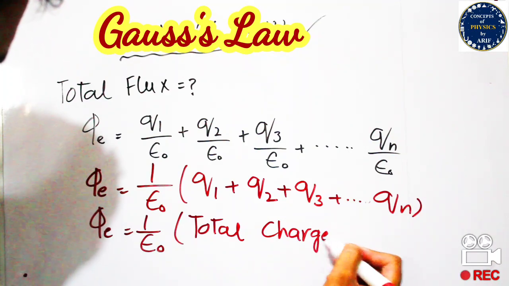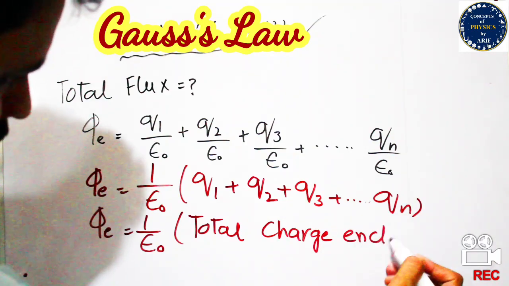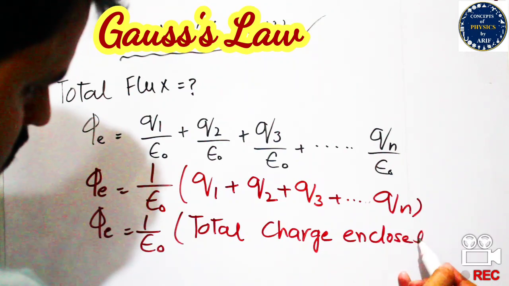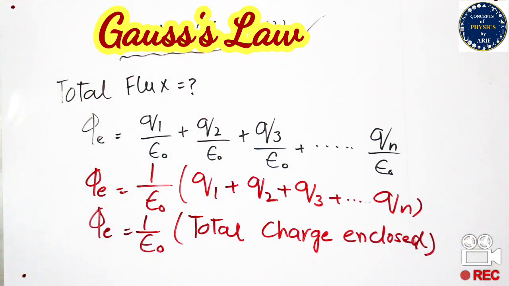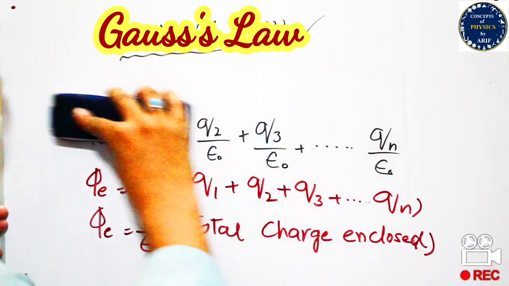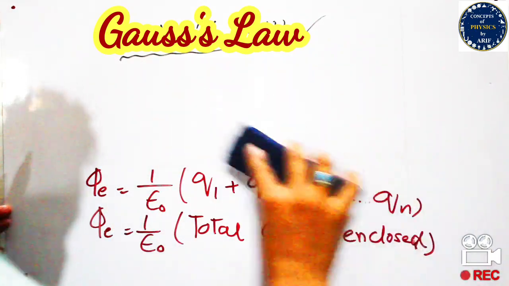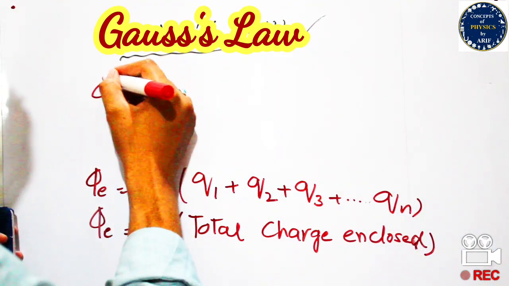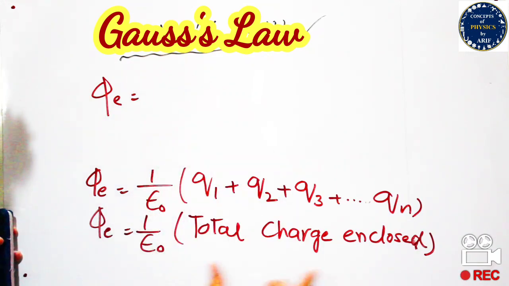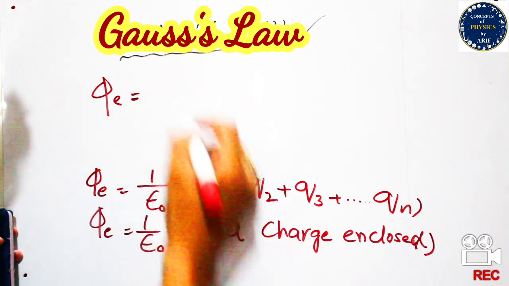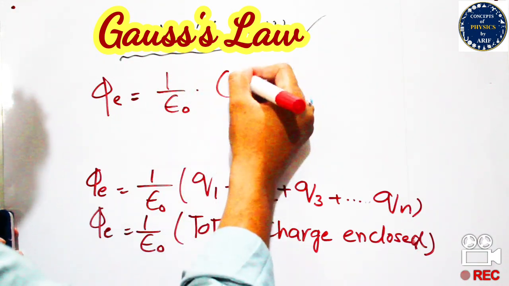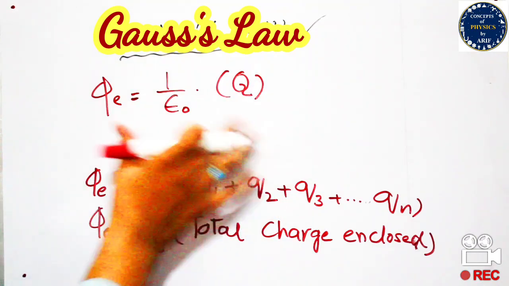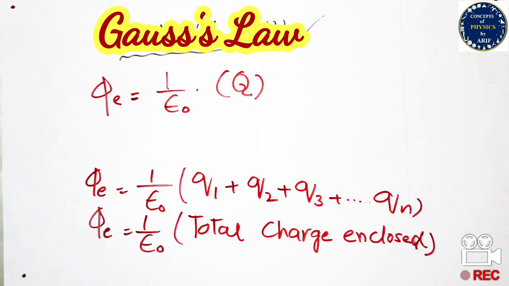Because that body encloses a large number of charges, if we add all the charges, it becomes the whole charge contained in that body. So the electric flux is equal to 1 over epsilon naught times Q, where capital Q denotes the total charge contained in that body.